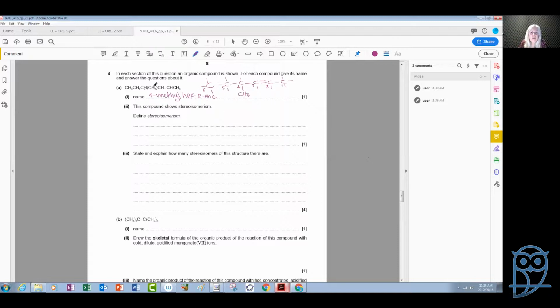So the name of this hydrocarbon is 4-methylhex-2-ene.